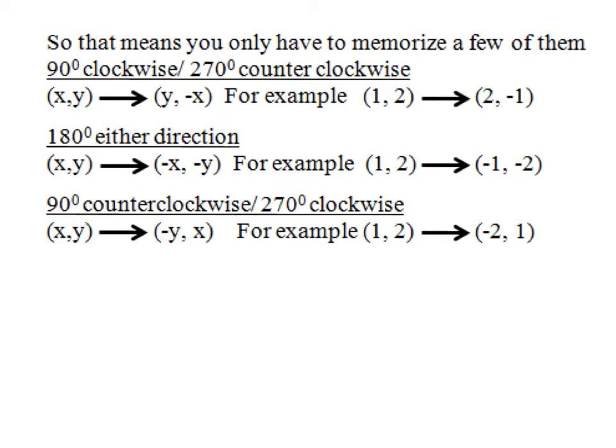For 180 degrees in either direction, you take the xy and just make them both opposites, negative x, negative y. And finally, when 90 degrees counterclockwise or 270 degrees clockwise, you take the xy, swap them, and it would become negative y, x. So if you just remember these three, then you'll have it down pat.